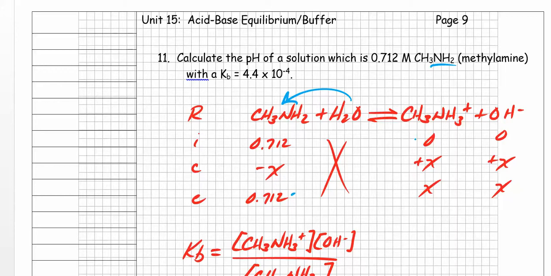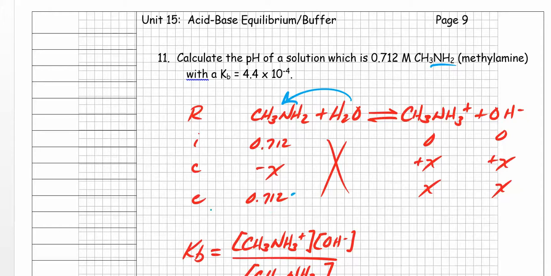Not very much because it is a weak base, but we are going to be moving to the right. So that means we're going to lose some of this 0.712. So in the change row, we're going to say minus x. I don't know how much I'm going to lose, so I just say minus x. Over here, I'm going to gain some. Just like in math, where you say, I don't know what it is, you call it x. So plus x over here.